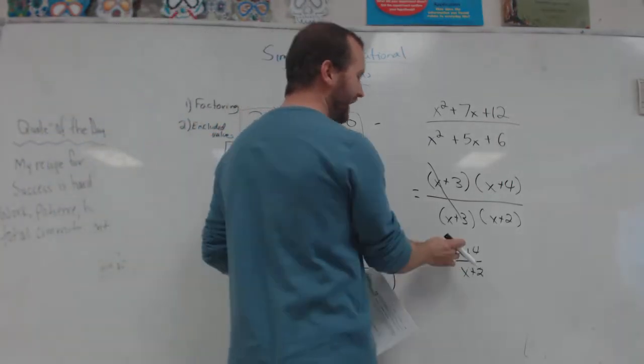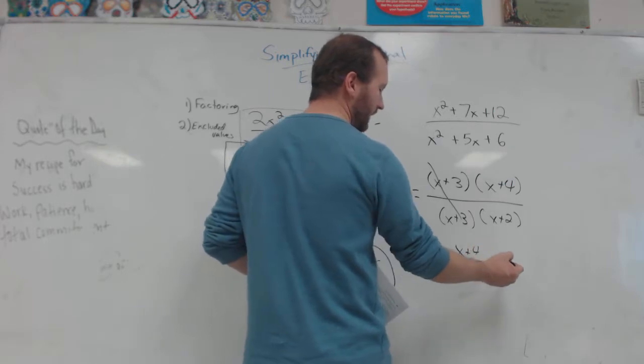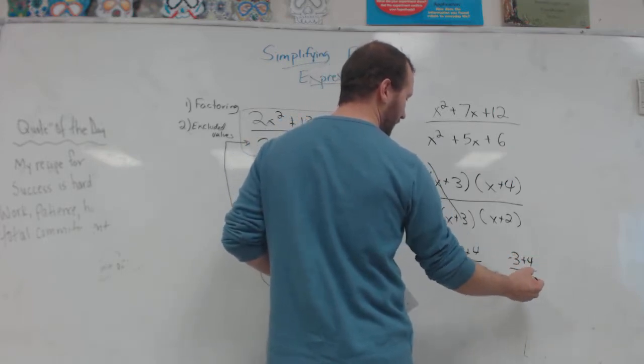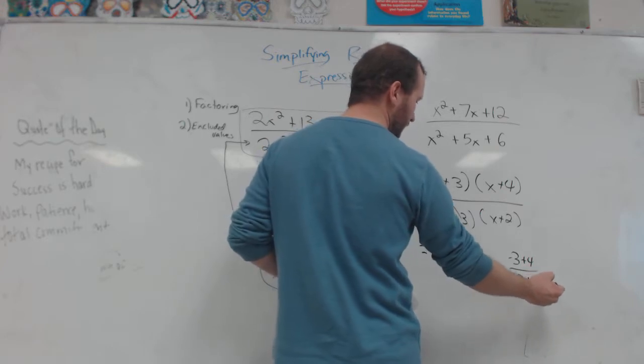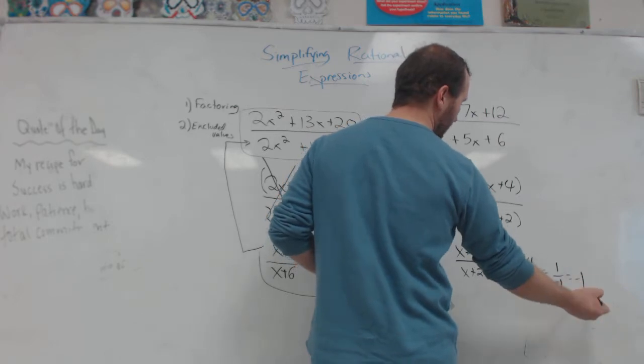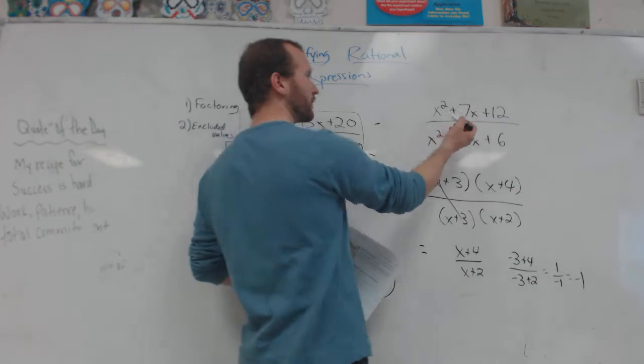by putting negative 3 in here. So I'm going to say x is negative 3. When x is negative 3, this would be negative 3 plus 4 over negative 3 plus 2, which is 1 over negative 1, which is just negative 1. But now, let's plug negative 3 into this one.